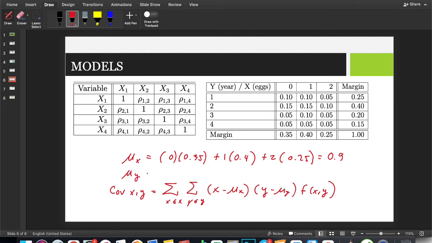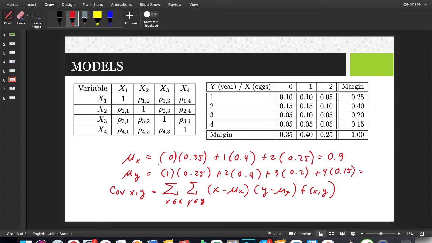If you want to calculate mu sub y, all we need to do is to follow that line of solution. So basically it's 1 multiplied by 0.25, plus 2 times 0.4, and then plus 3 times 0.2 and 4 times 0.15.